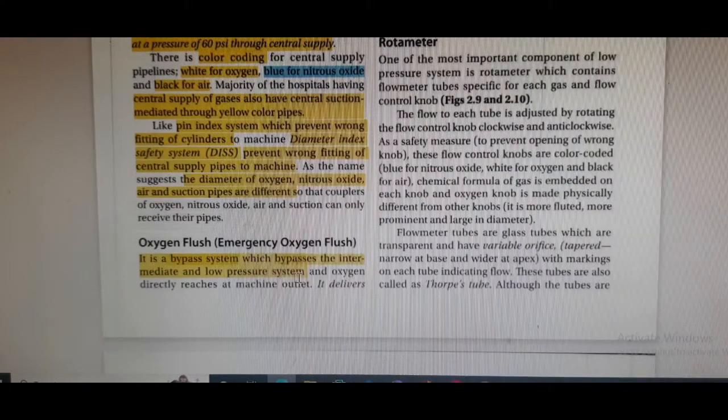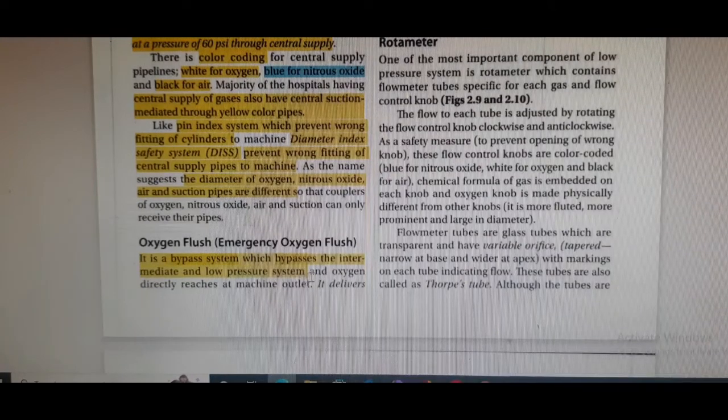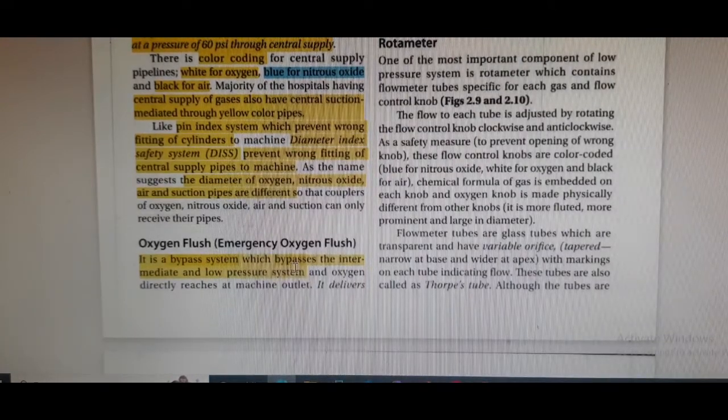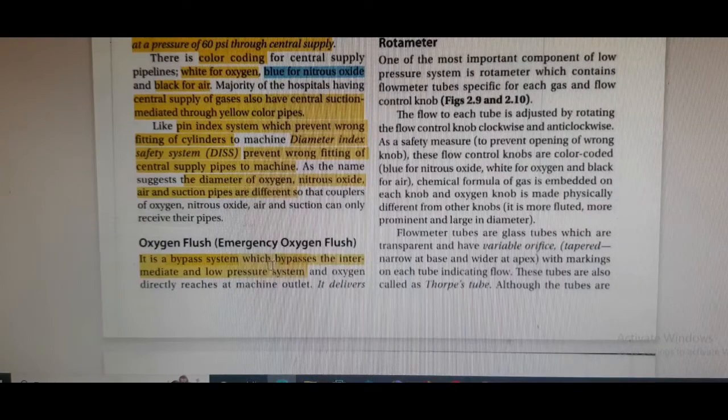In the high pressure system, there are cylinders and central supply, and this oxygen flush is also a part of the high pressure system. It is directly connected to the common gas outlet. It bypasses in the sense that it doesn't go through the intermediate and low pressure system, it directly reaches the patient.